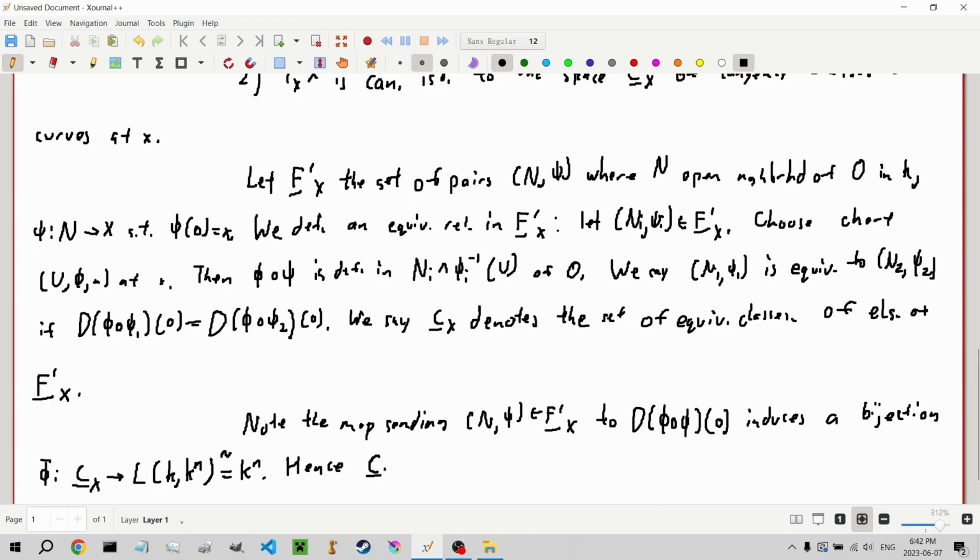Hence, our C of x may be given the structure of a vector space over k.